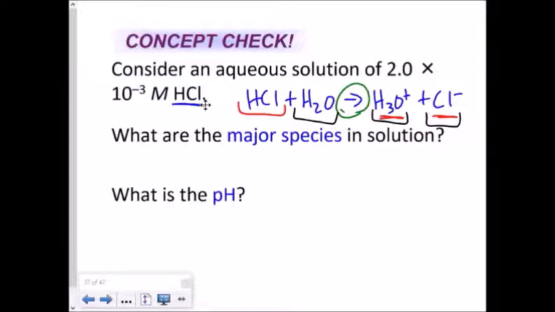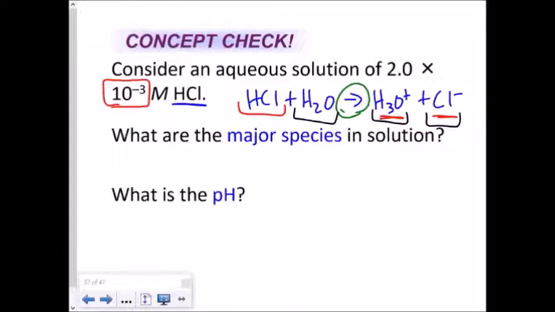The reason I know this is that if I look at the concentration here, it says 10 to the minus 3. Remember, our pH scale is a logarithmic scale. Something that is 10 to the minus 3 is going to be somewhere in the 3 to 4 pH range. Something that's 10 to the minus 1 should be somewhere in the 1 to 2 range, thinking about the logarithmic scale we talked about last time.